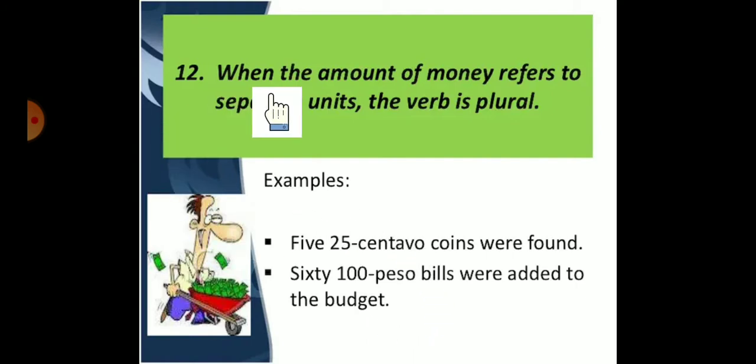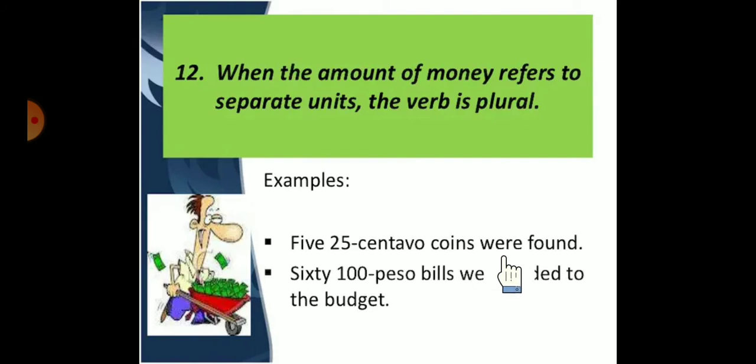When the amount of money refers to separate units, the verb is plural. For example, here we have given: 25 centavo coins were found. The amount is 25 and its currency is centavo. Coins is here in the form of a plural subject.